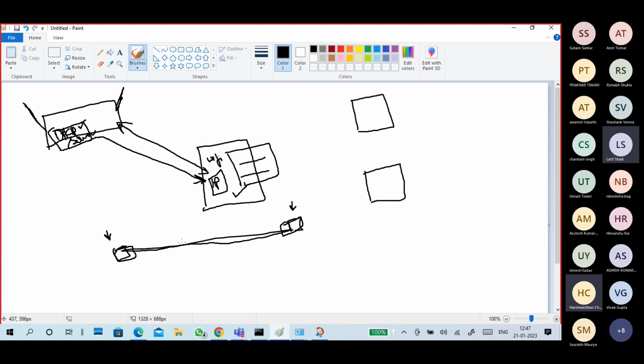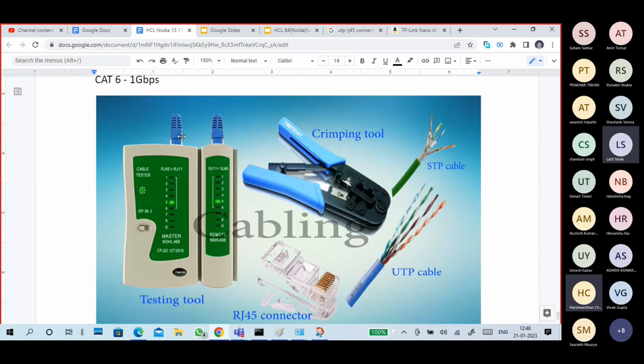We don't know, right? Then if there is any problem inside the cable wires, we need to understand whether the cable is good or not. We should find that from testing. One side of the cable will connect here, another side will connect there, and we'll see the LED observation. Then we'll understand whether the cable is good or not. If something goes wrong, then we will repair the cable or throw it away. Okay, that is to test the cable.